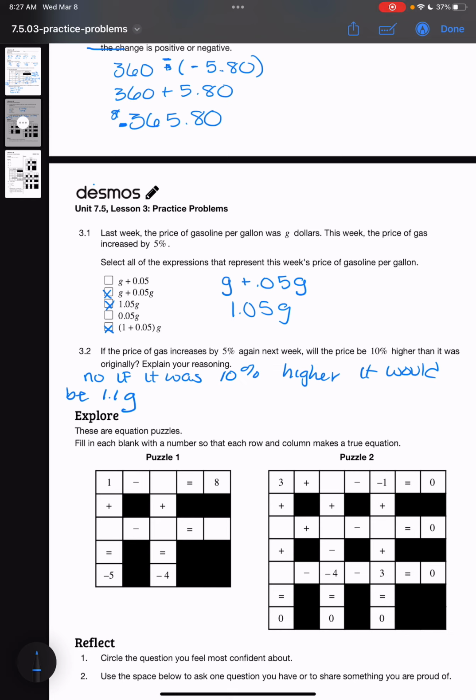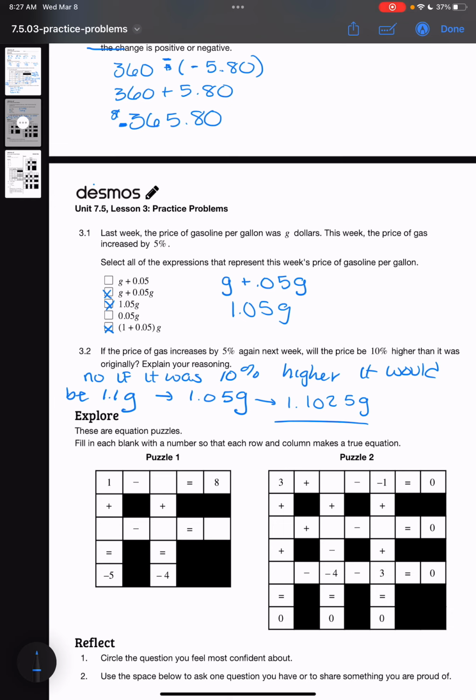By just increasing by 5% again, it would be what we already have plus 5% of that, which is equal to 1.1025G. So no, you cannot combine the two 5% added on different weeks. I'm finding 5% of the new price, so it's not 10%.